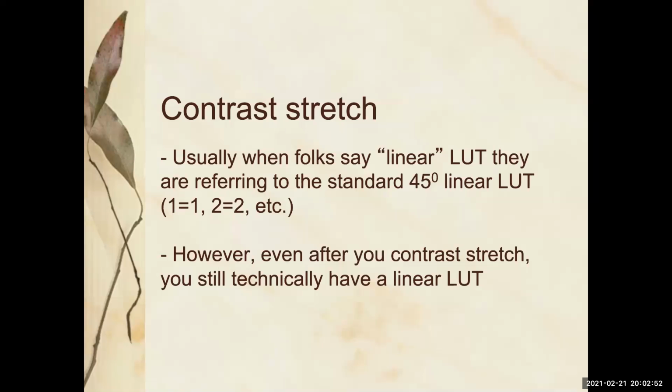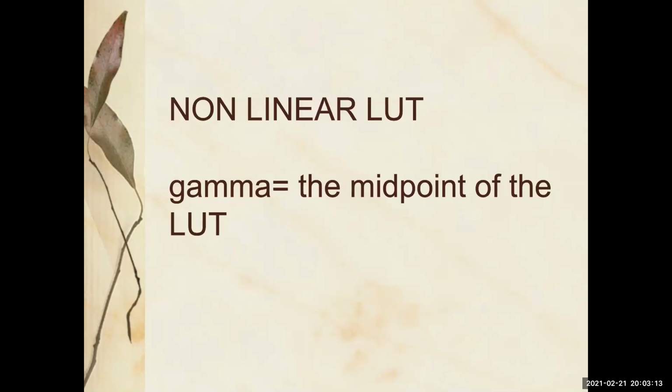Like I said before, people will say linear lookup table when they mean the 45-degree, original 1 is 1, 2 is 2 lookup table, but you still have a linear lookup table when you contrast stretch. You've just thrown out the ends and stretched your data back over the full dynamic range. There is such a thing as a nonlinear lookup table, and that is known as doing gamma.